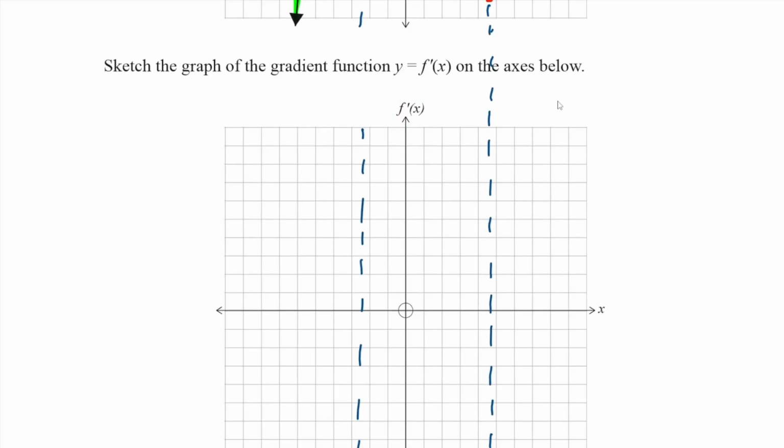So we know that the gradient at the turning points is 0. In other words, on the gradient function, they are x-intercepts. Because, for example, when x equals like 4.5, its gradient, the y value, is 0.